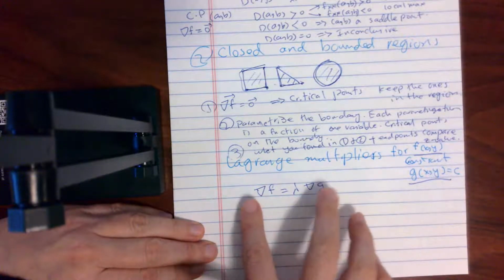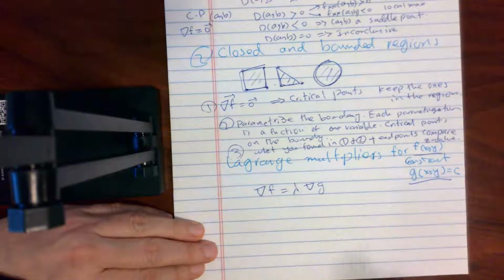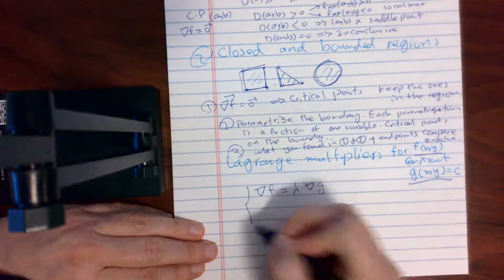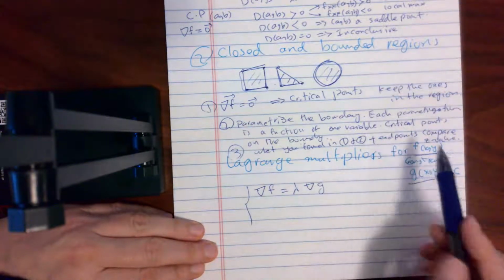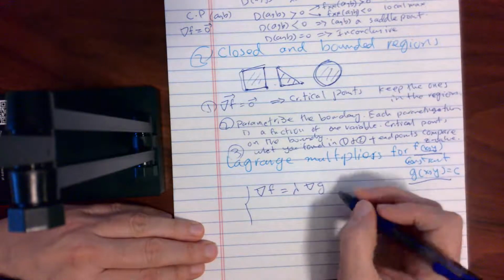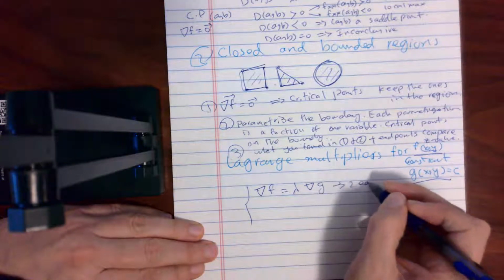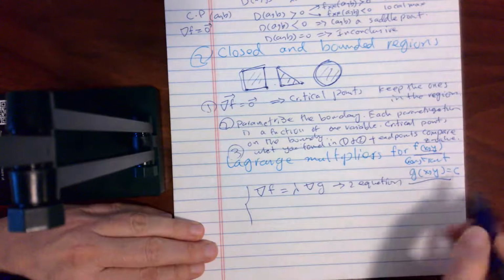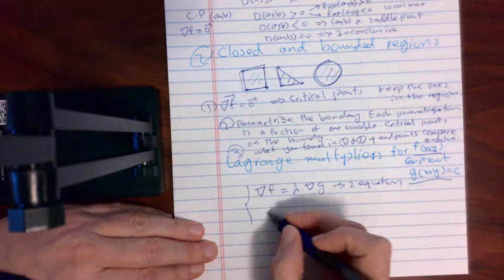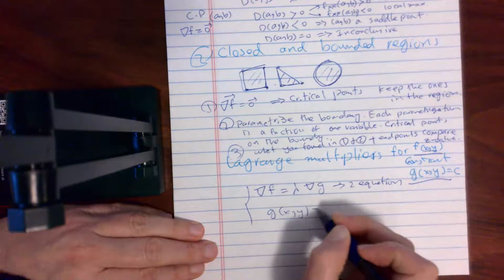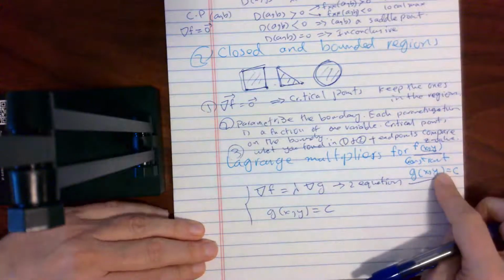That is, the two gradients are supposed to be parallel. So for a function of two variables, this gives you two equations. Then the third equation is the constraint.